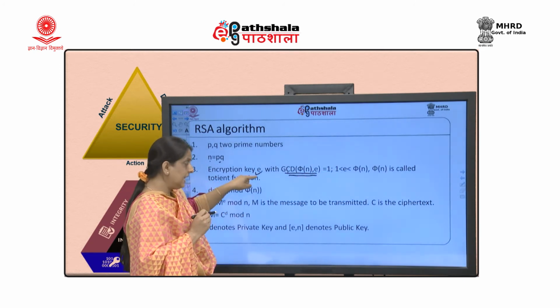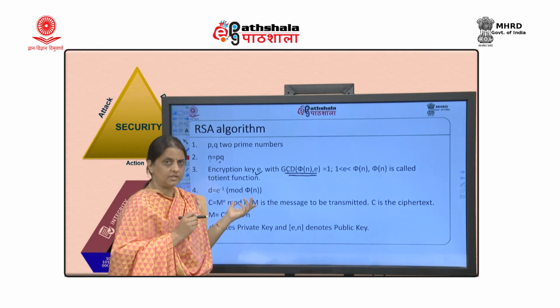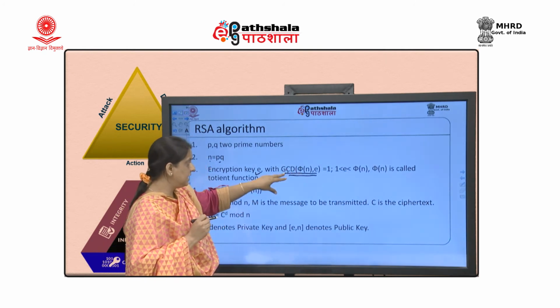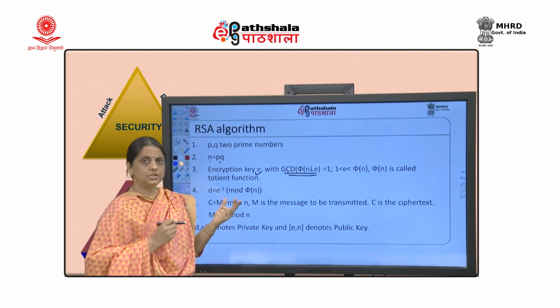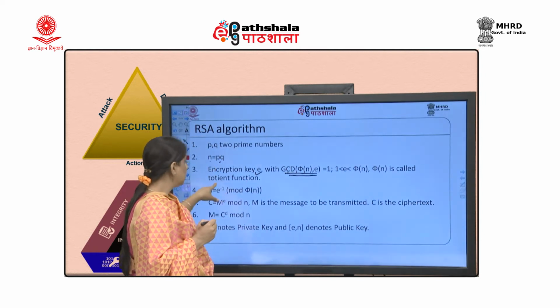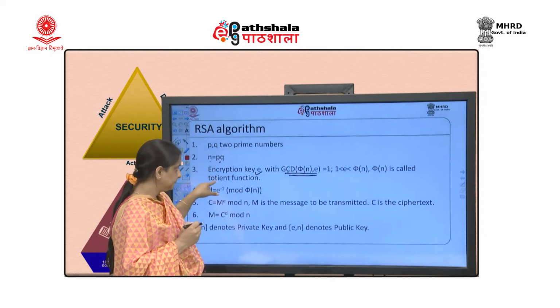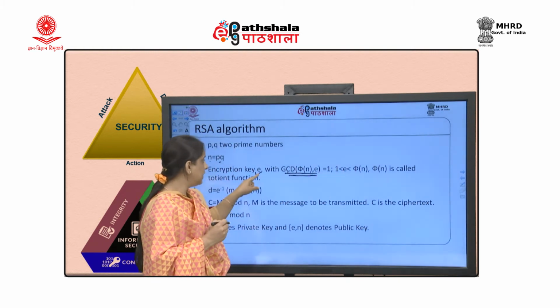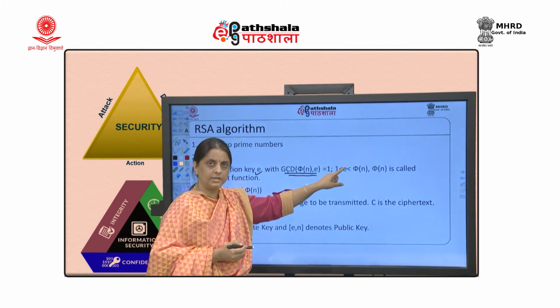E is any positive integer. I have introduced two terms. GCD is the greatest common divisor, and what is phi n? Phi n is called the totient function. The additional criterion is that whatever number you select for E should be in the range of 1 to phi n.